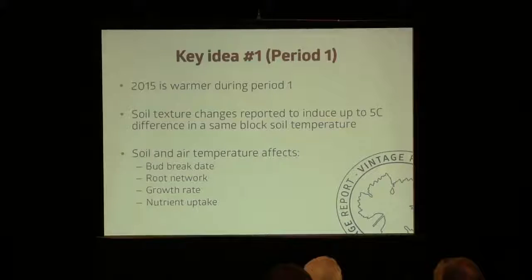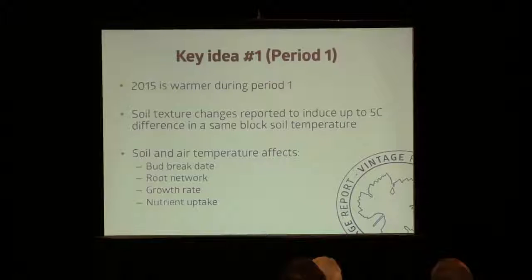It will also set the stage for the growth rate from growing degree day 0 to growing degree day 400, as we will discuss soon. And it also has a huge impact on nutrient uptake, meaning that with warmer soil conditions, nutrient uptake should be higher. So I just summarized those ideas here, but that's only looking at the temperature.